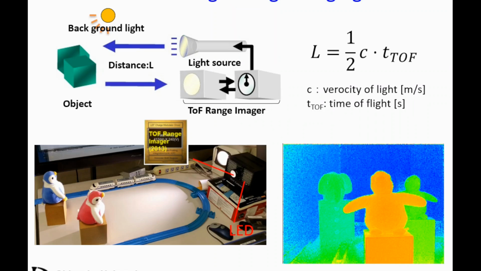As you know, the time-of-flight range imaging is an active method. So the camera has an image sensor and light source, and the distance to the object can be obtained by measuring the round-trip time of flight by using this calculation.